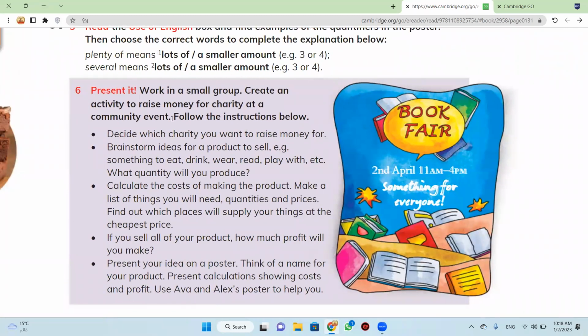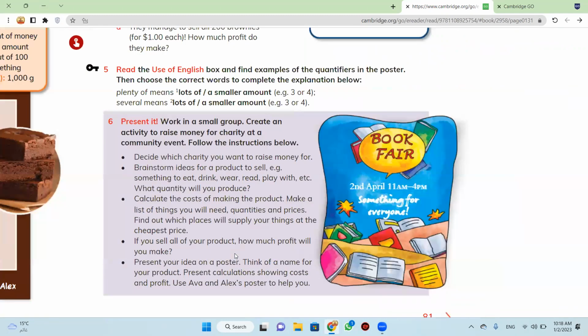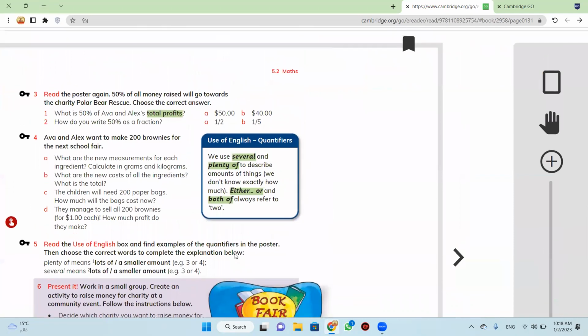Now decide which charity you want to raise money for. Brainstorm ideas for a product to sell. You are going to sell brownies, cookies, drinks maybe. Calculate the costs. If you sell, how much profit will you make? Present your idea on a poster, just the same as the poster we have here about the brownies. You can do this, it's optional.